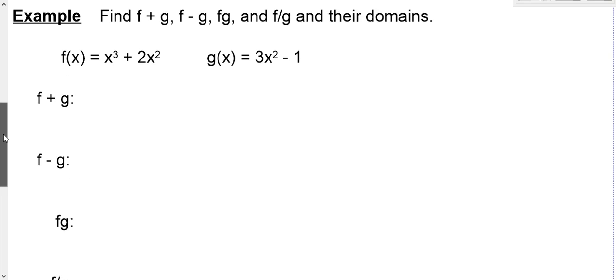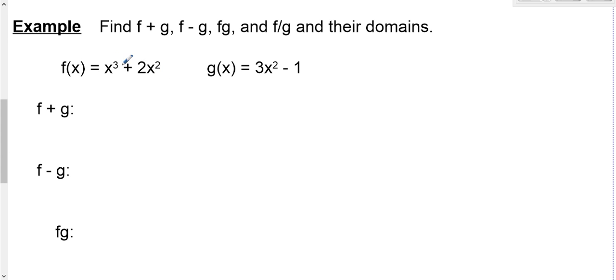Let's look at this example. It says, find f plus g, f minus g, f times g, and f divided by g, and their domains. If f of x is x cubed plus 2x squared, and g of x is 3x squared minus 1, if we have to add these together, we're going to take x cubed plus 2x squared plus 3x squared minus 1.